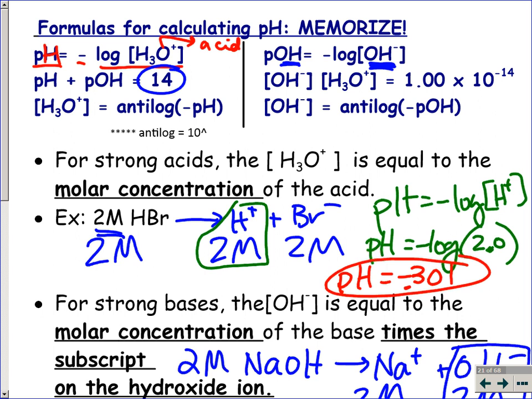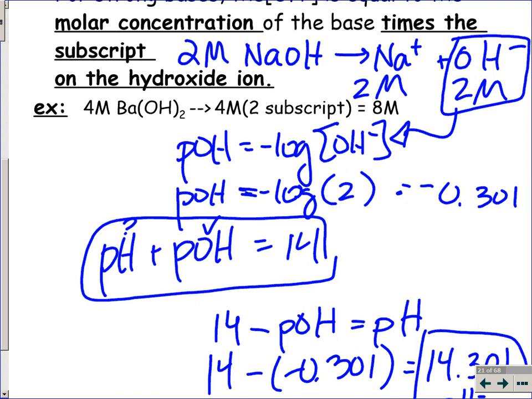Oh, this is the only thing I did not tell you here. There's some weird issues with those dibasic bases, the ones with 2 hydroxides. And so here's the example. If I start you off with 4 molar barium hydroxide, it actually makes double hydroxides because of the 2 subscript. So instead of saying I have a 4 molar hydroxide solution, I actually double it because of the 2 on it.